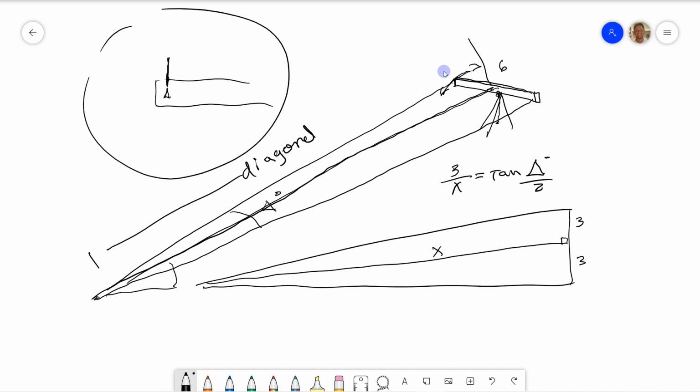So if this was 4 degrees, that'd be 2 degrees. Alright, so then we just move the x to the top, and x is equal to 3 over tangent of 2 degrees.